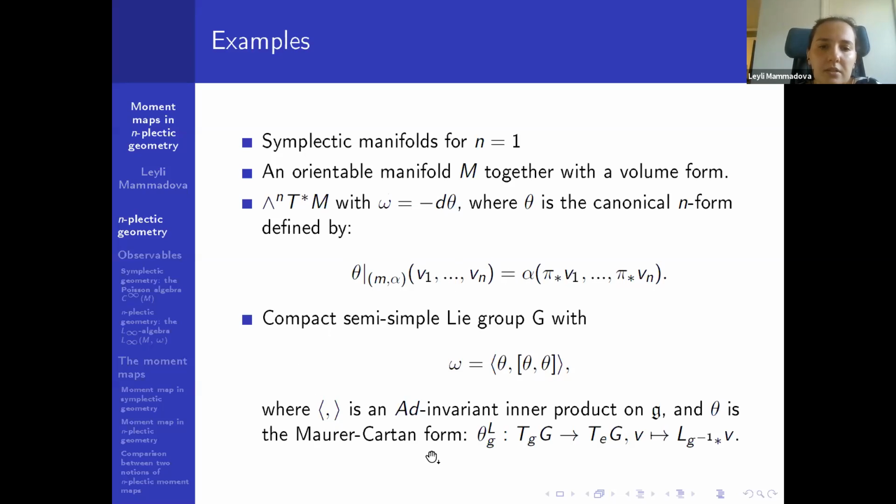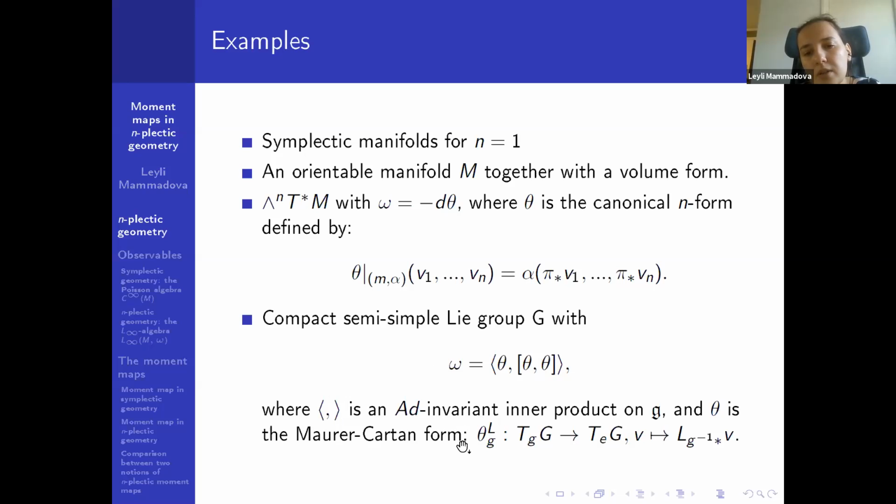A slightly different example, different in flavor but also very popular, is the following. Let's say you have a compact semi-simple Lie group. Then general Lie theory tells you that in this case the Lie algebra of G has an ad-invariant inner product.